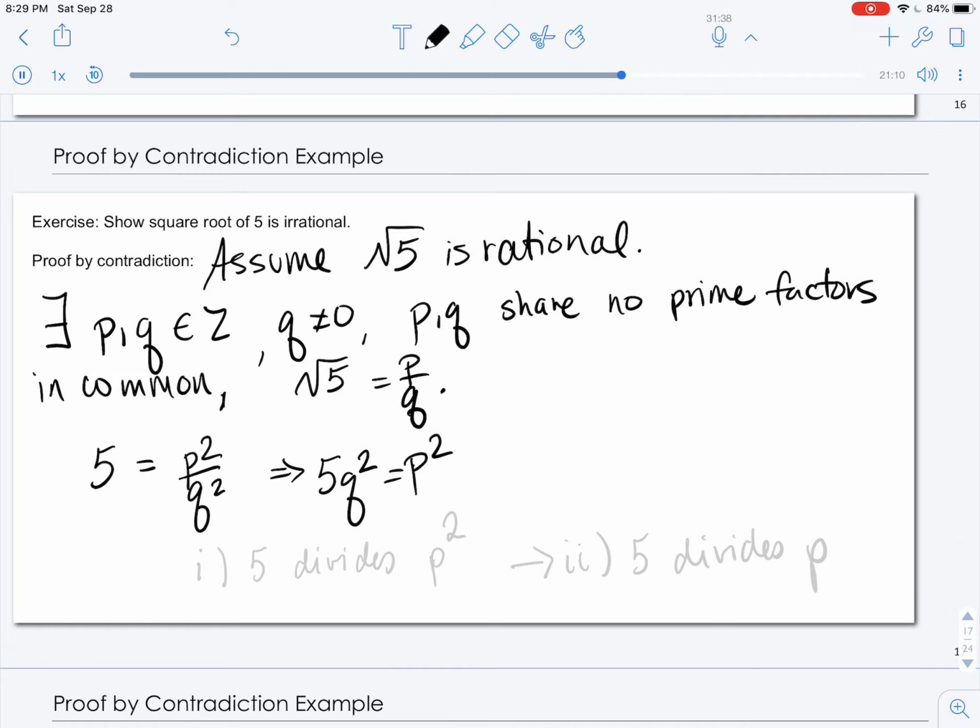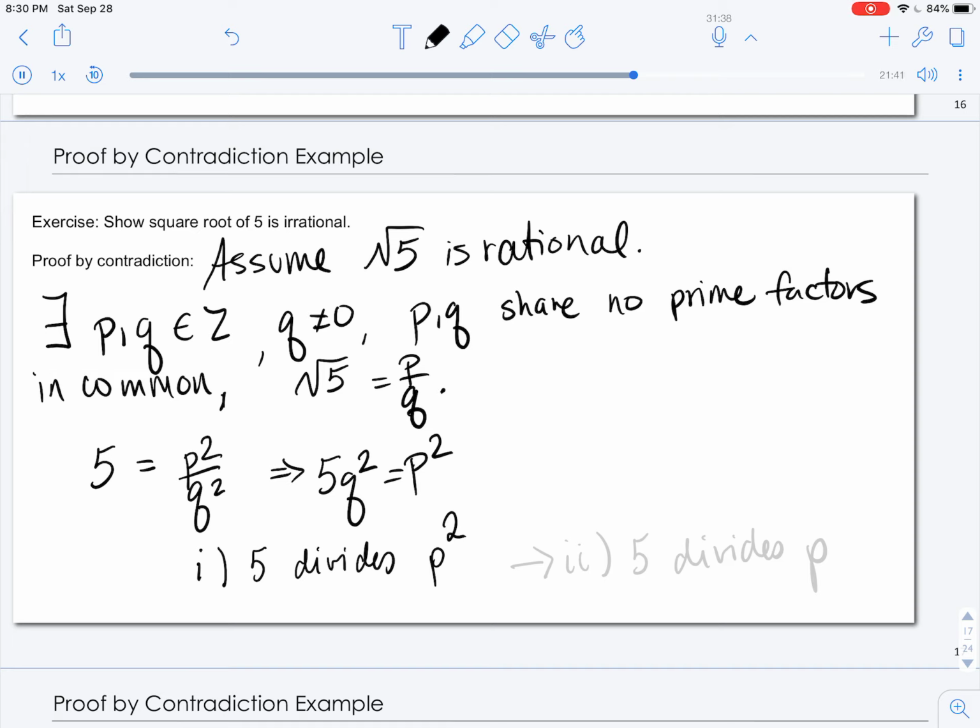The first inference that we can make is that, since we can express p squared as 5 times q squared, 5 divides p squared, because we've just expressed p squared in terms of 5 and another integer, so it's evenly divisible by 5.